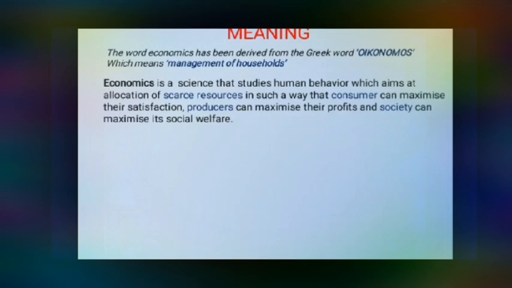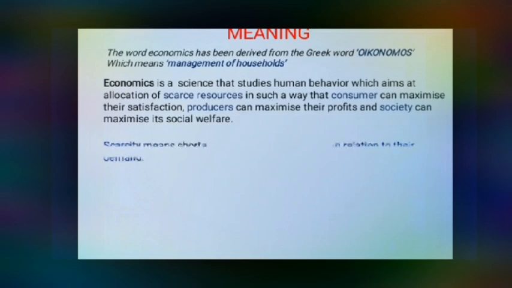Now coming to the next definition, economics is a science that studies human behavior which aims at allocation of scarce resources in such a way that consumers can maximize their satisfaction, producers can maximize their profits, and society can maximize its social welfare.